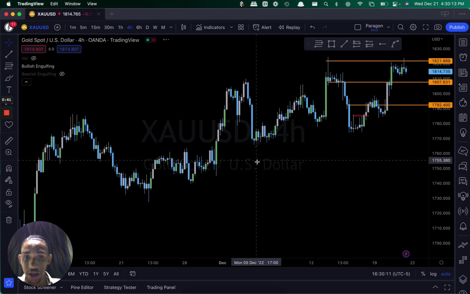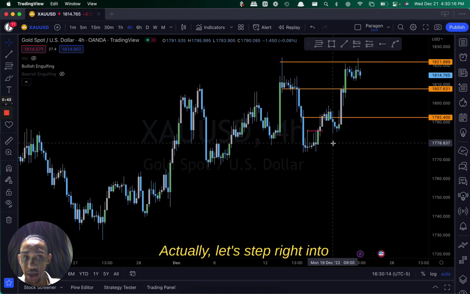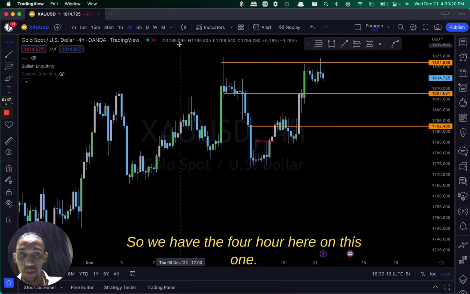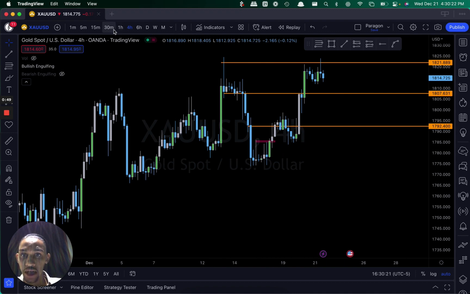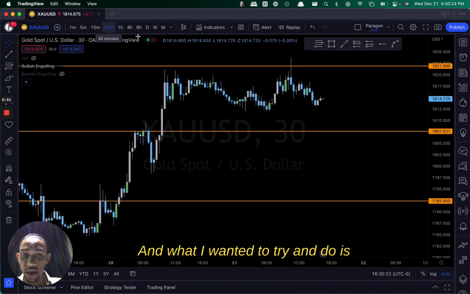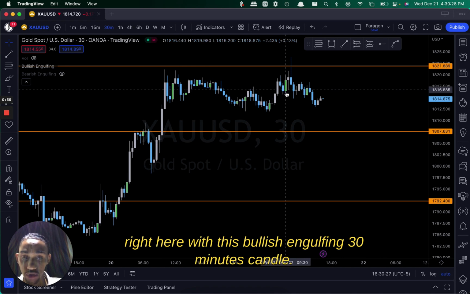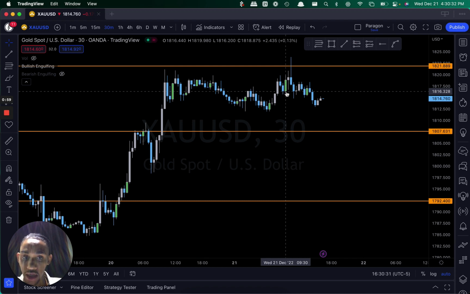And actually, let's step right into it with some gold analysis, right? So we have the 4 hour here on this one. And what I wanted to try and do in today's session, as we can see, it starts right here with this bullish engulfing 30-minute candle in terms of the New York session for gold, at least, right?